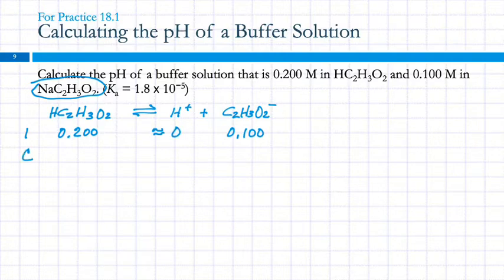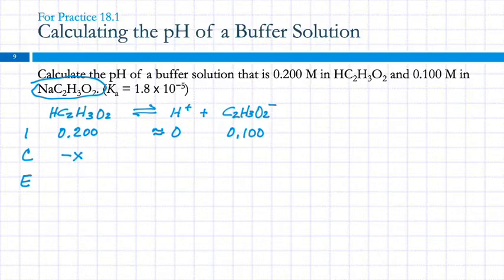And then we can look at the change and the equilibrium. Now, which way do you think this is going to go? To the right, because there's no hydrogen ion essentially, and so it can't go to the left.